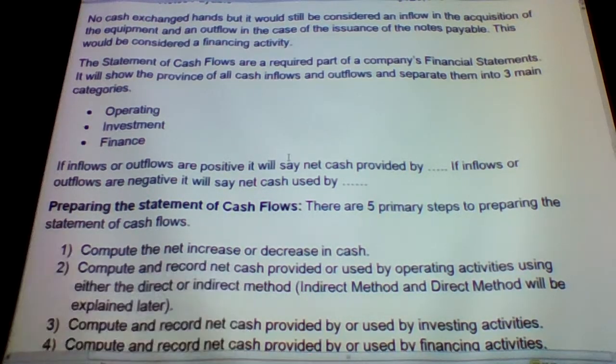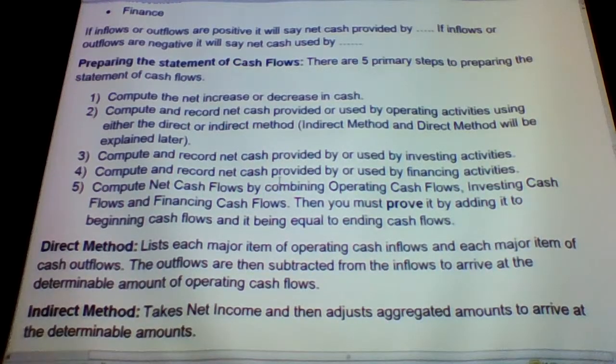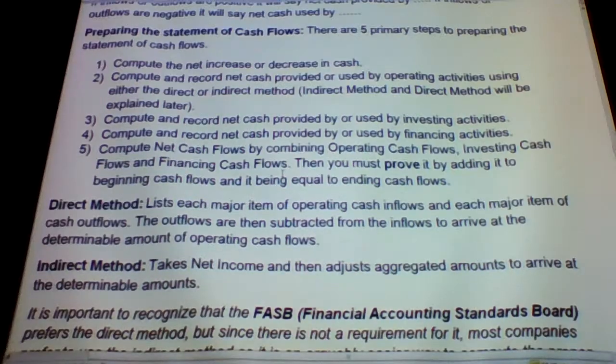Preparing your statement of cash flows. There are 5 primary steps to preparing the statement of cash flows. Compute the net increase or decrease in cash. Compute and record net cash provided or used by operating activities using either the indirect or direct method. Indirect method and direct method will be explained later.